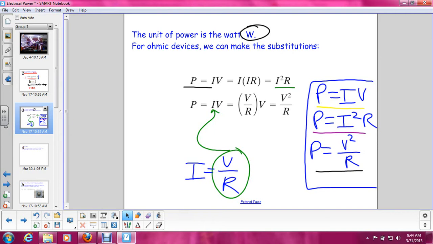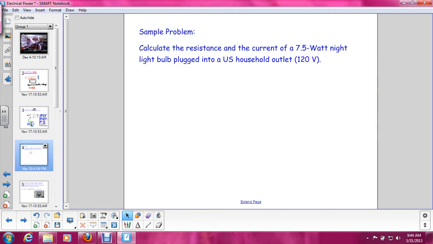Now, let's try and use one of these equations in a problem. So we want to calculate the resistance and the current, so we'll have two answers, of a 7.5 watt nightlight plugged into a US household outlet, which has 120 volts coming out of it. Well, before we do anything else, I want to make a list of what we want to find and what we are given.